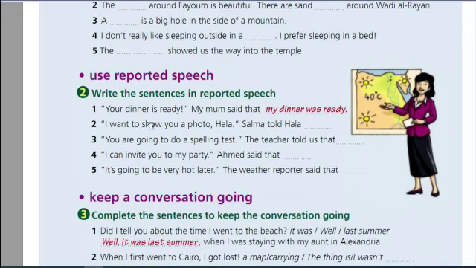Here, exercise number 2, use reported speech. Salma told Hala, "I want to show you a photo." So the answer will be, Salma told Hala that she wanted to show her a photo.